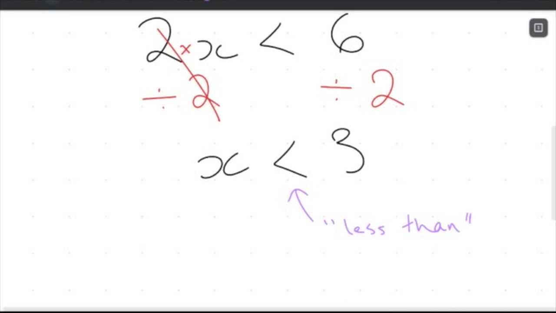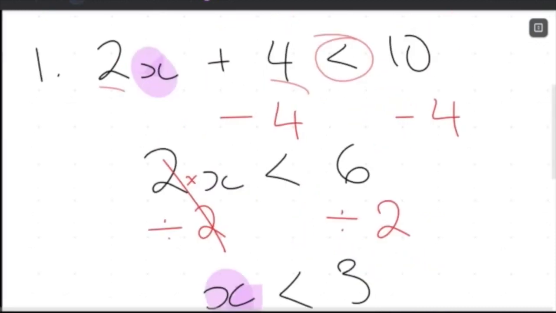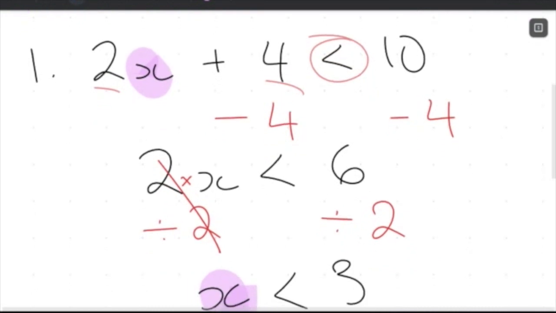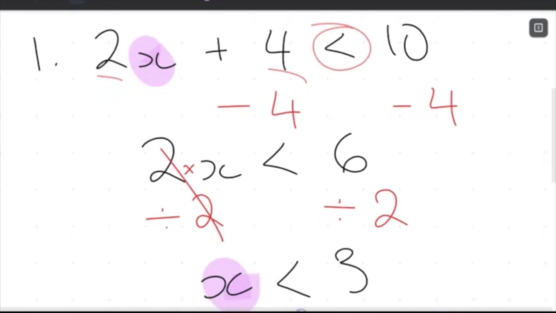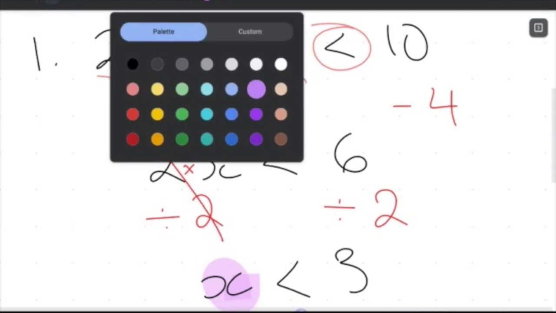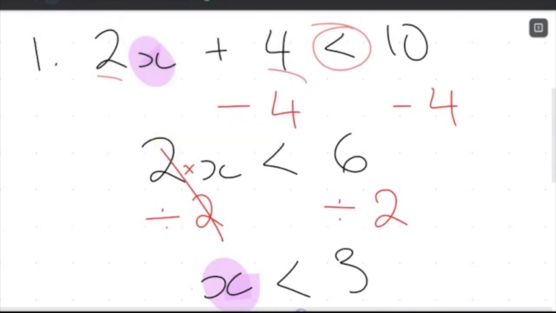It means that any value less than 3 for x is going to satisfy my initial inequality. So if I substitute anything less than 3 for x into the question, I'm going to get something that satisfies this, which is going to make my left-hand side less than 10.